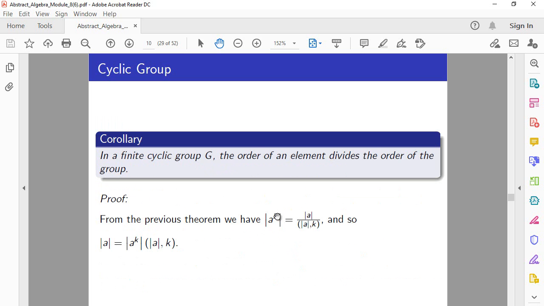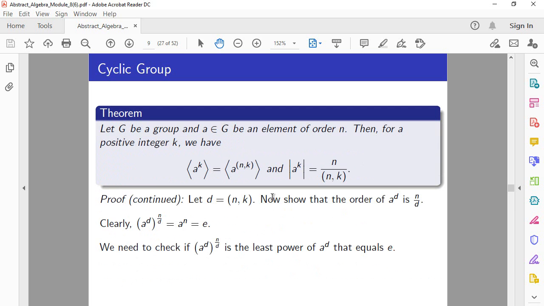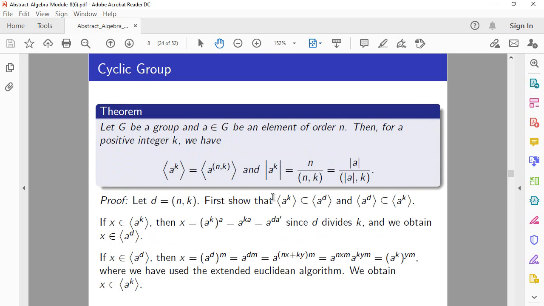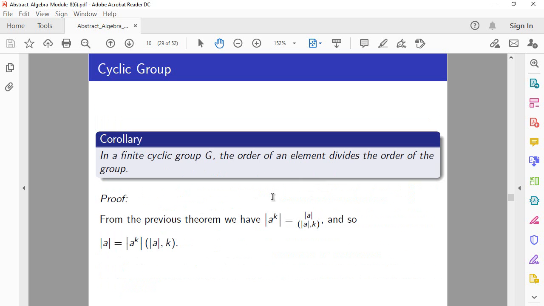And the order of a to the k, by the previous theorem, is the order of a divided by the GCD of k and the order of a. And so from this equation, I see that the order of a is equal to the order of a to the k multiplied by the GCD of k and the order of a.